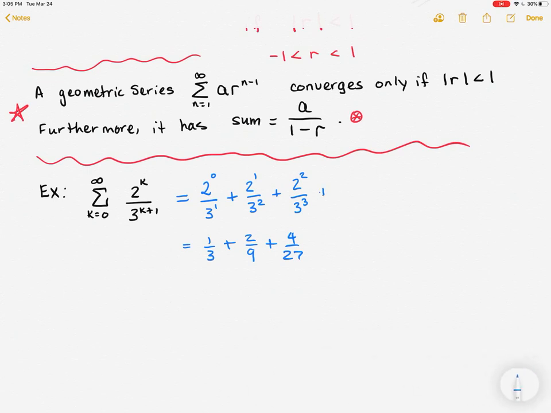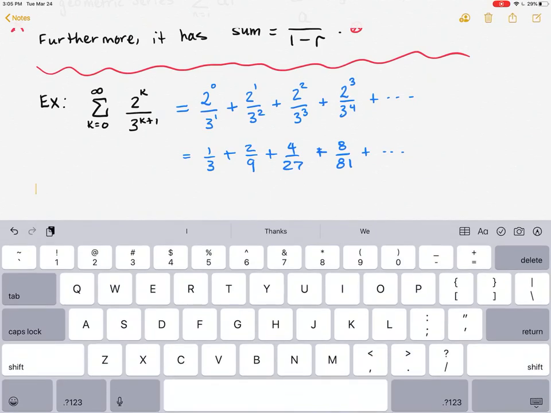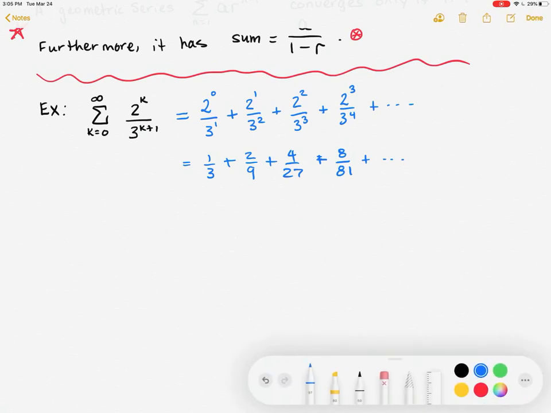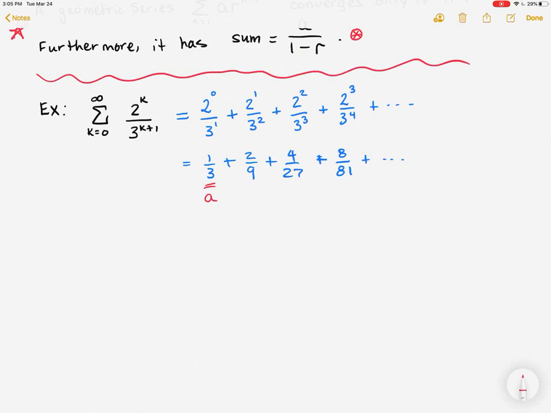What the heck, one more term. The next term is 2 cubed over 3 to the 4th, which is 8 over 81. So you've got to recognize that it's geometric, in that to get from one term to the other, it's probably easiest to notice it up here, that I am multiplying my first term, which is 1/3.